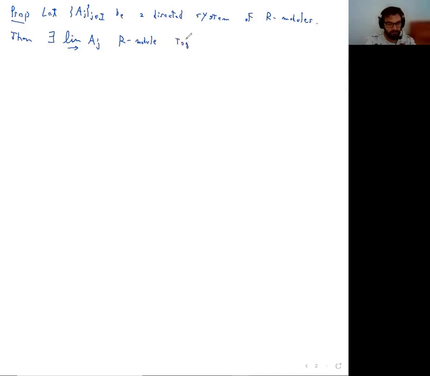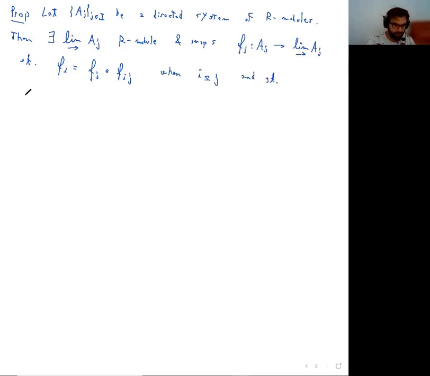So there exists this module and maps f_j from A_j into it, such that f_i is the same as f_j composed with f_ij when i is less or equal than j.